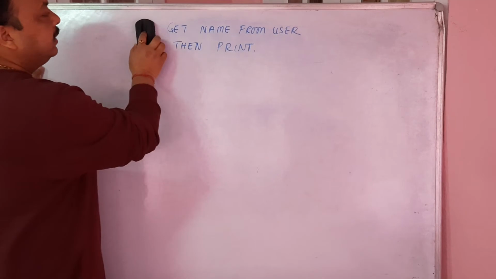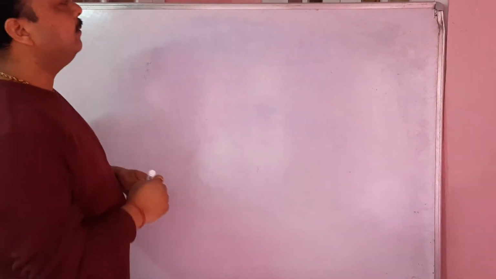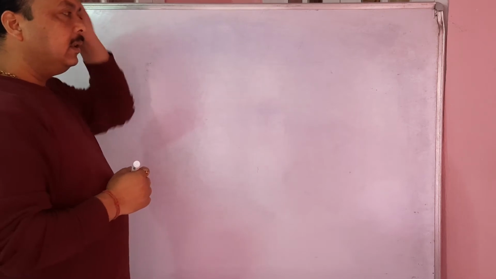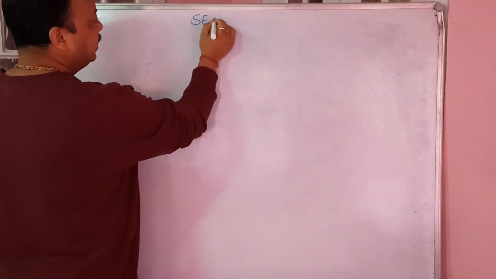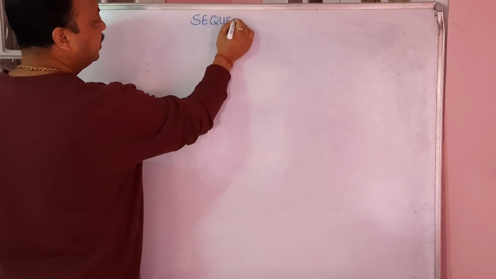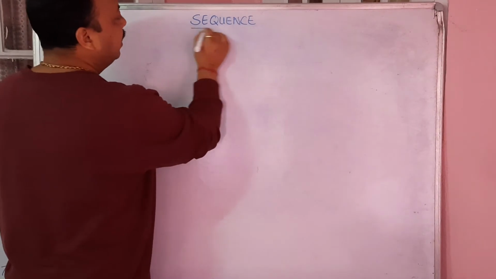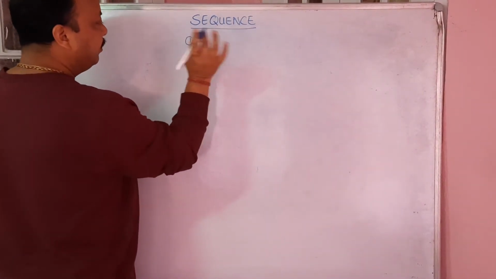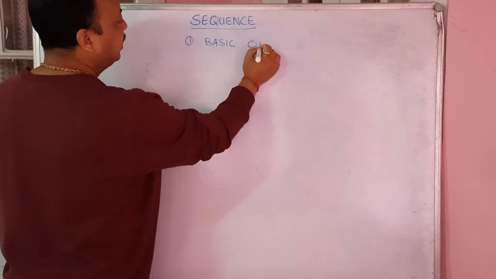So let us try to see how to perform this input. You have to understand first that when we are discussing sequential, meaning stepwise approach to solving a problem, first you must know some basic operations.